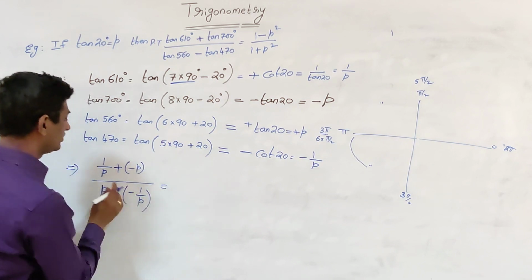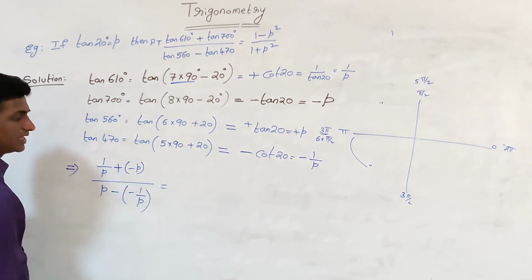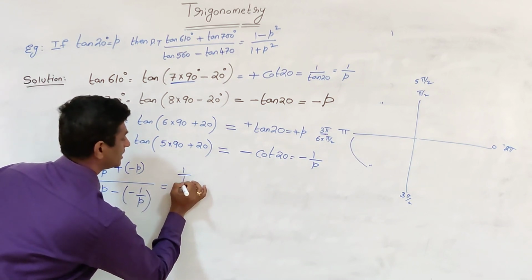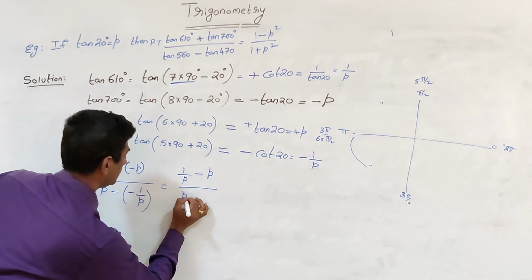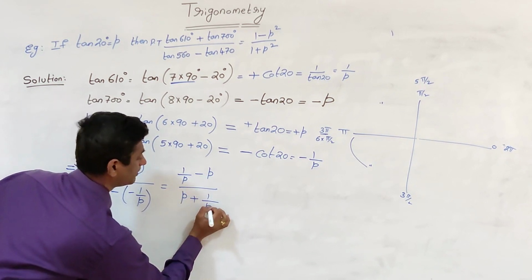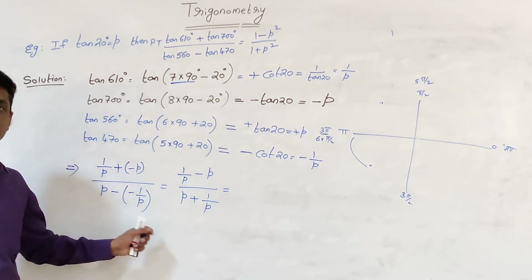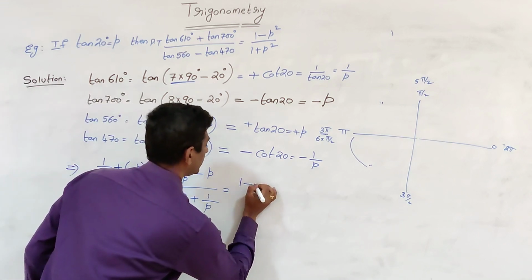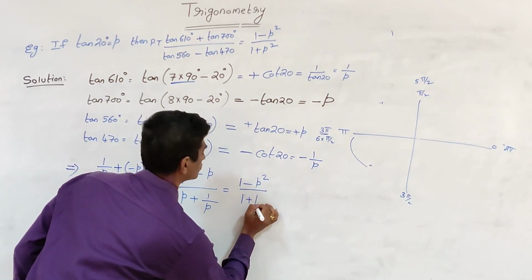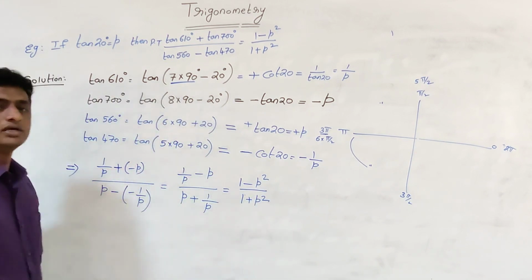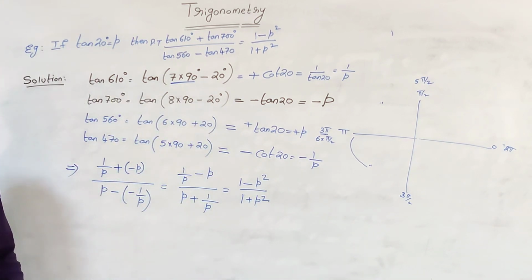If you take the LCM, it will be 1 by p minus p by p plus 1 by p, and p is the LCM. After taking the LCM, this will be 1 minus p square by 1 plus p square. So that is the result when tan 20 is p.